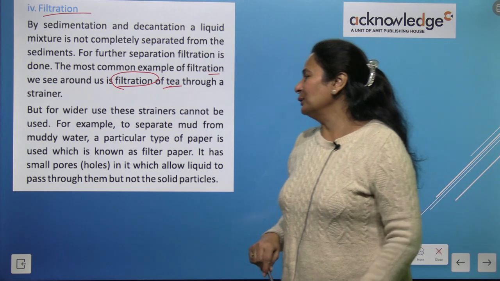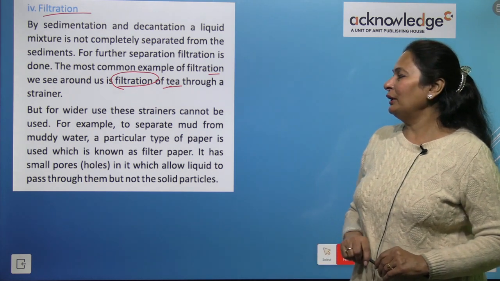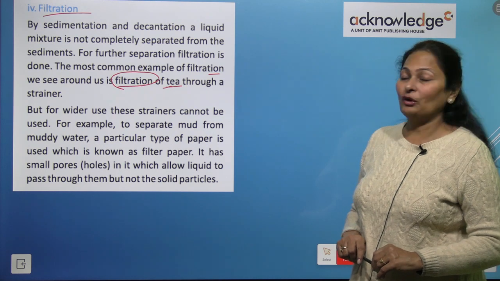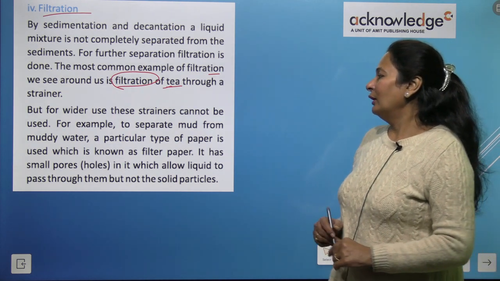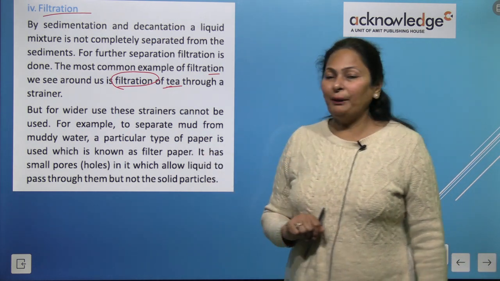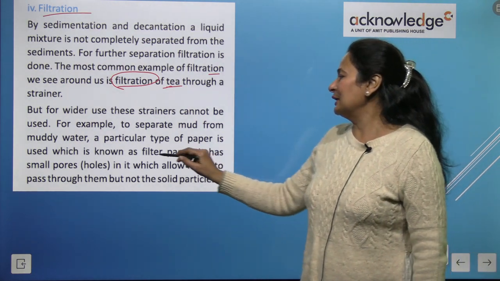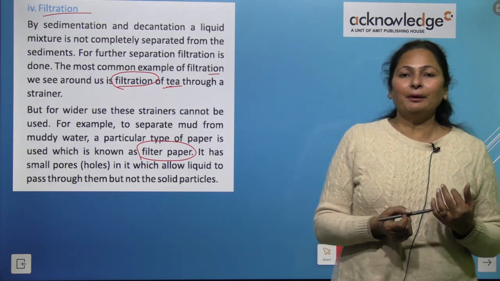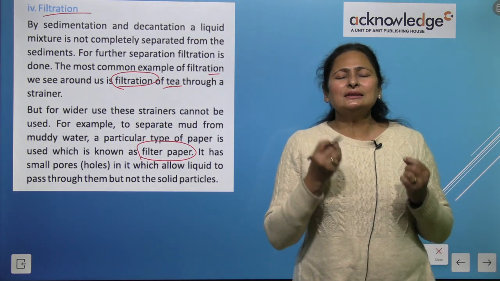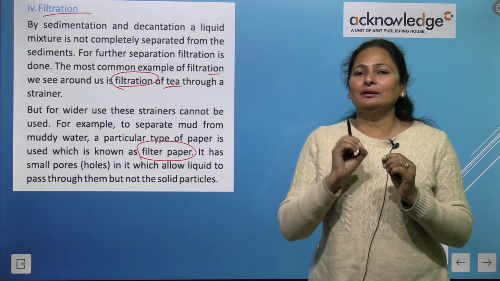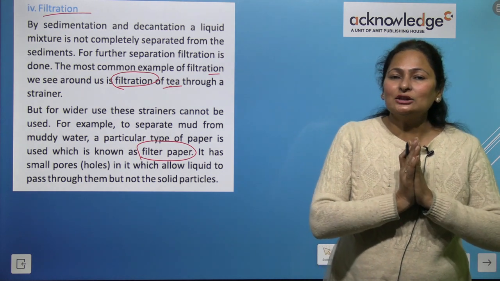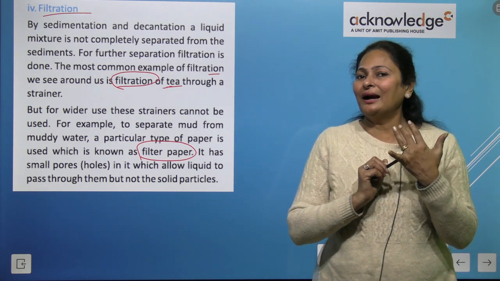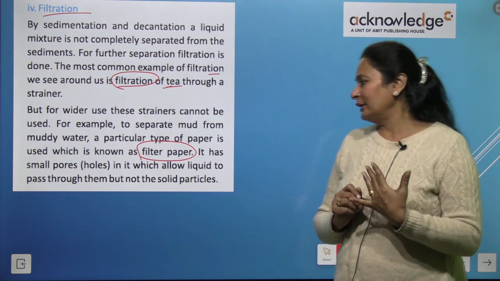But for wider use, these strainers cannot be used. For example, to separate mud from muddy water, a particular type of paper is used, it is called filter paper. We use filter paper to filter such fine particles which are not separated by sedimentation, loading and decantation, right?